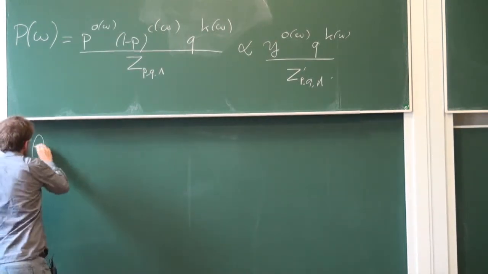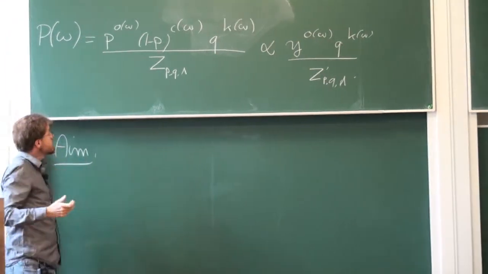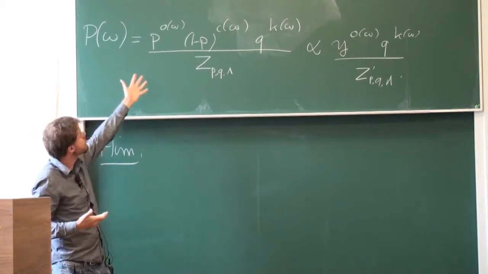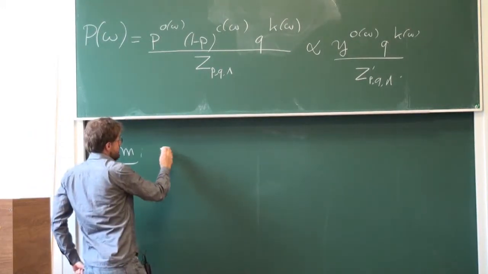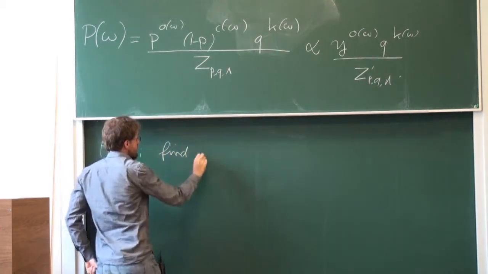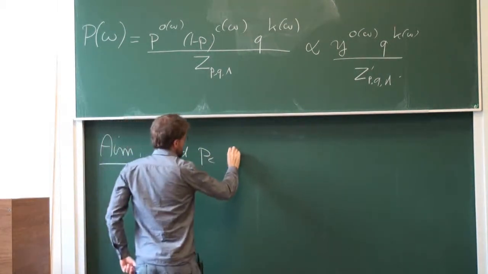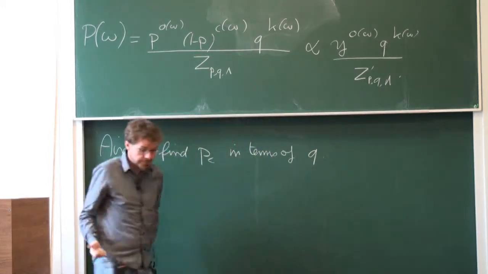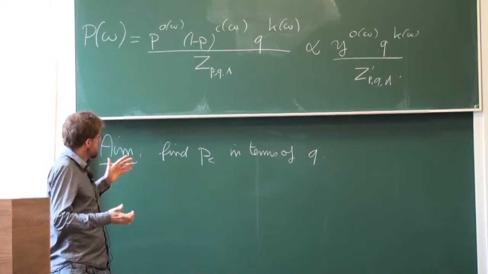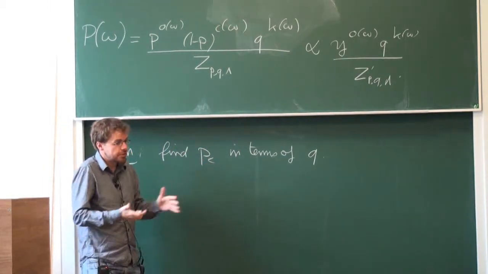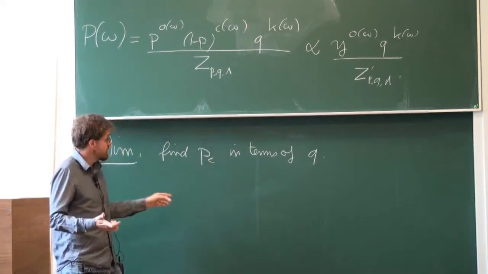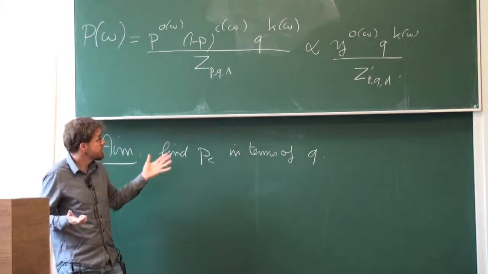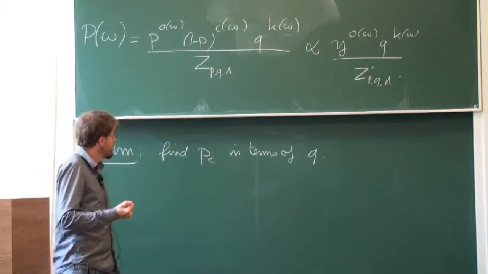So the aim is to prove that there is a phase transition for the random cluster model, and to find what p_c is in terms of the value of q. Finding the exact value of p_c is not in itself so interesting, but to understand why there is a phase transition and how it occurs, that's the really physically relevant thing.